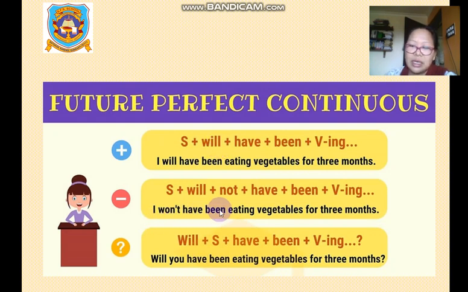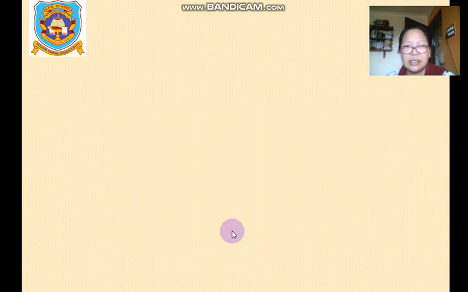I won't have been eating vegetables for 3 months. And in interrogative sentence, will or shall will go before the subject. Will you have been eating vegetables for 3 months? Right, this is how you form positive, negative and interrogative future perfect continuous sentences.